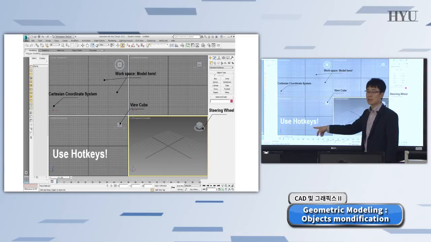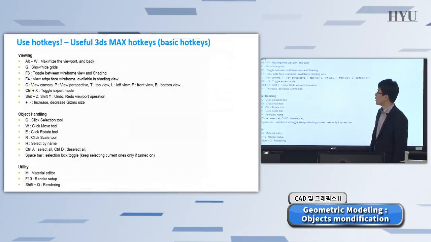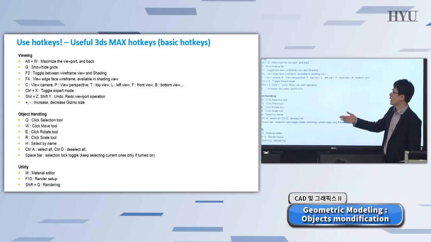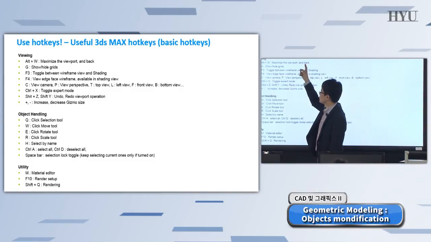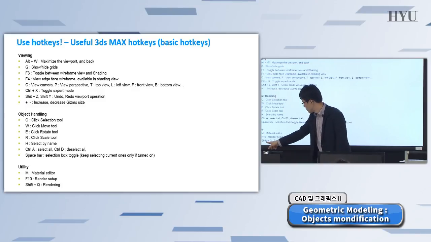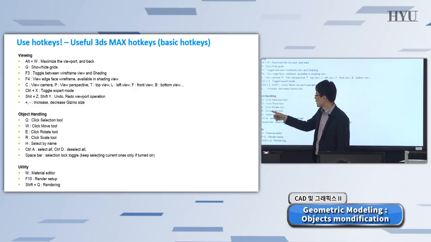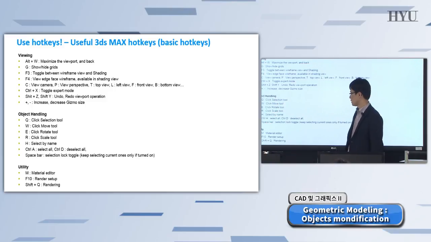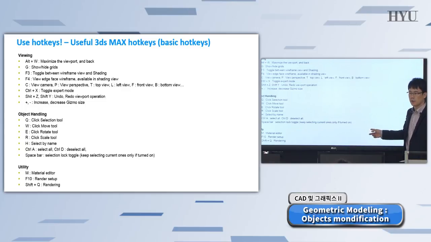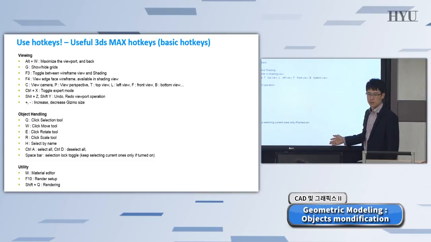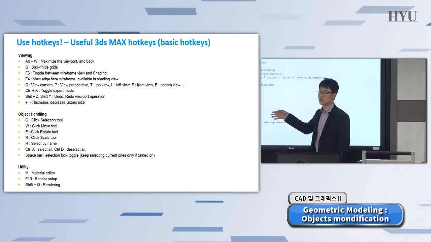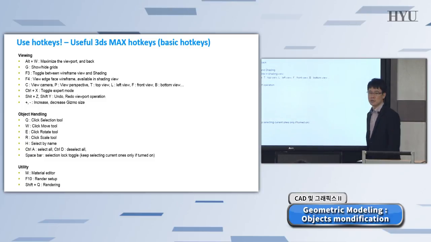There are lots of hotkeys, okay? So I told you some hotkeys, Alt-W, F10, or Shift-Q, rendering, and object handling, Q W E R H, Control A, spacebar, and so on. Okay, so at least those hotkeys should be very well known to you guys when you are doing something in 3D Max interface.